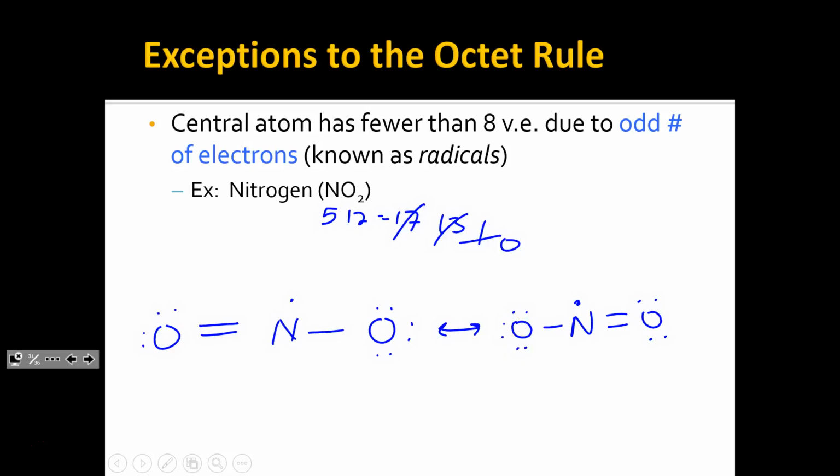Just make sure that you don't go too fast. You want to make sure that you get the right number of electrons on every substance. So you would have to draw resonance for this one. I'm never going to tell you on an exam, make sure you draw resonance because it's assumed. You have to draw resonance. You need to be able to spot that. So that's the second exception, is you can have odd number of electrons.